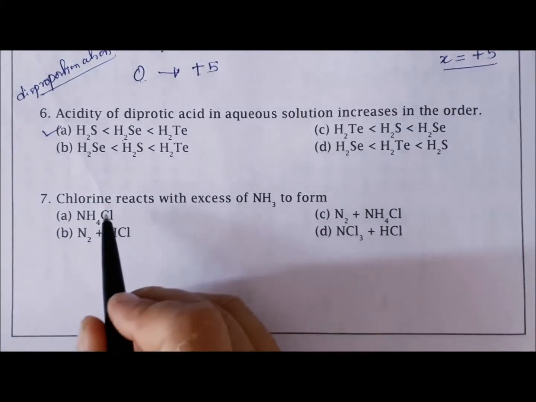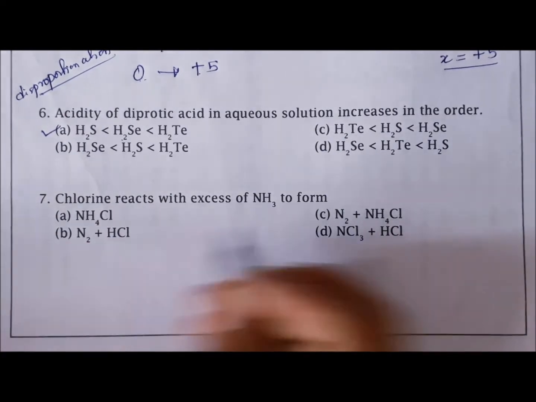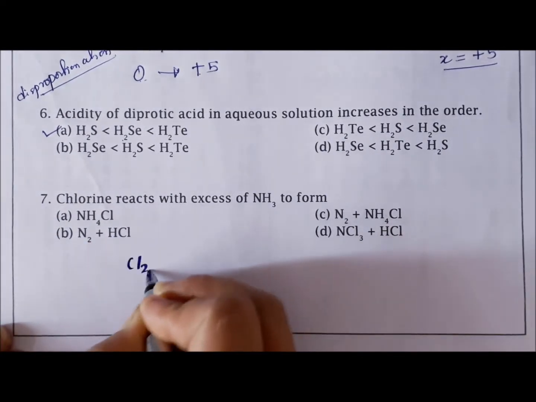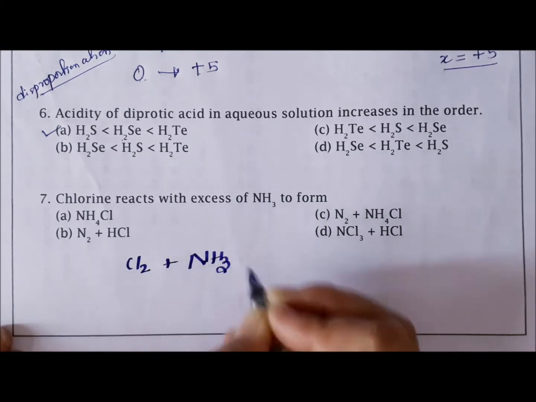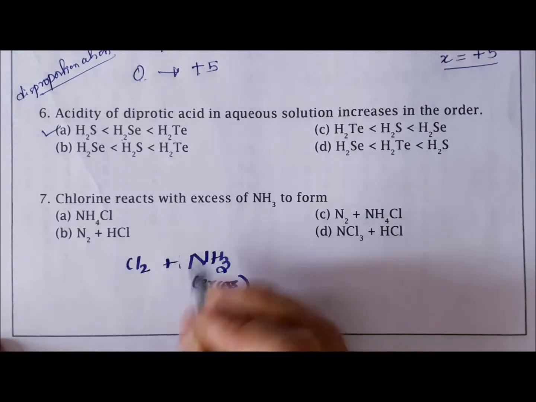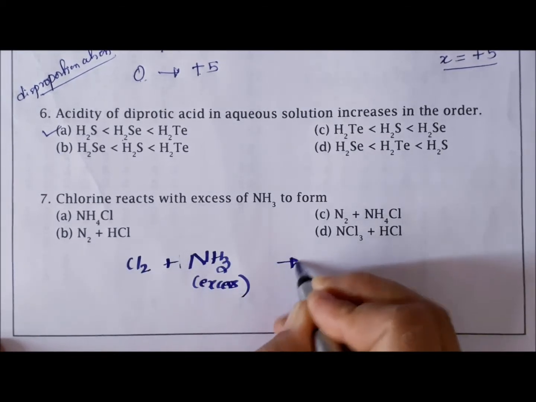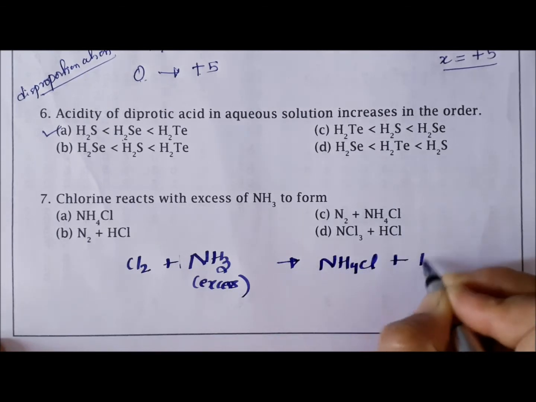Next question: chlorine reacts with excess ammonia to form. When ammonia is in excess, we get ammonium chloride and nitrogen.